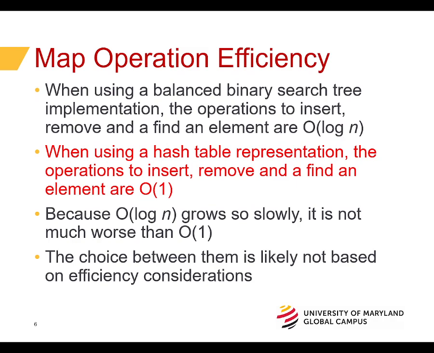With a hash table representation, the same three operations, insert, remove, and find, are all constant. Although execution in constant time is faster than logarithmic, log n grows so slowly it is not much worse than O of 1. As a result, the choice between them is not likely going to be based on efficiency considerations.